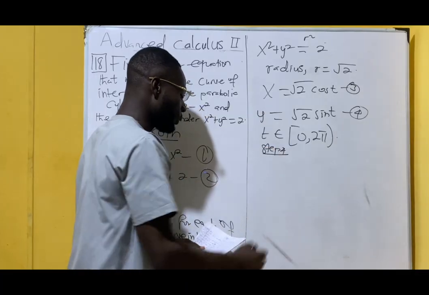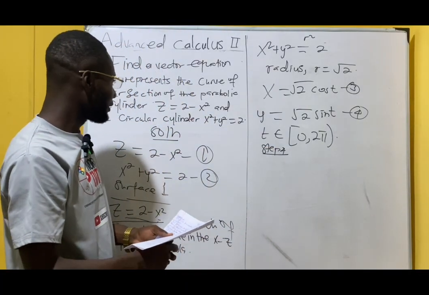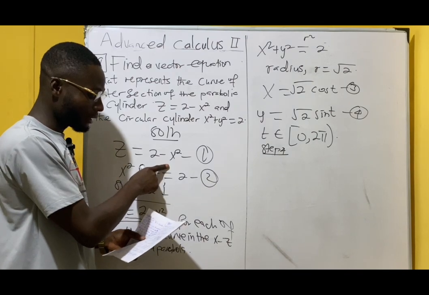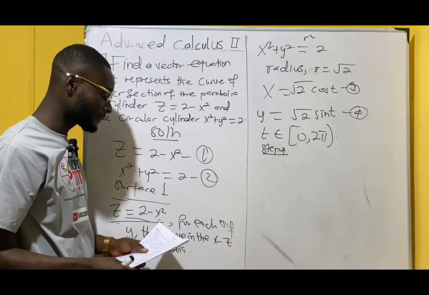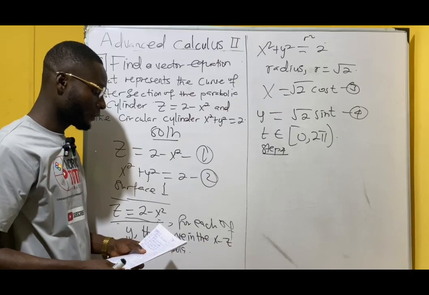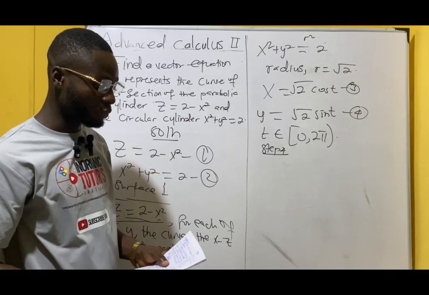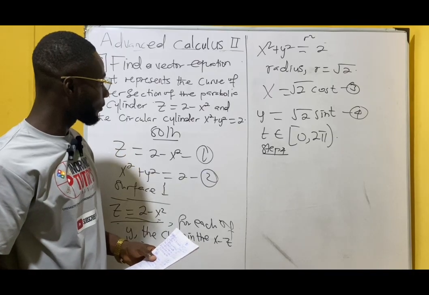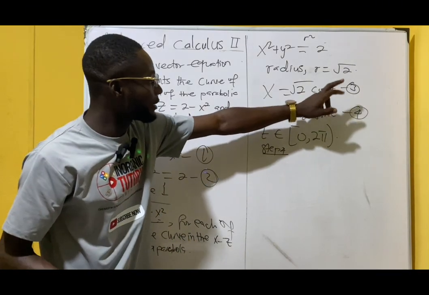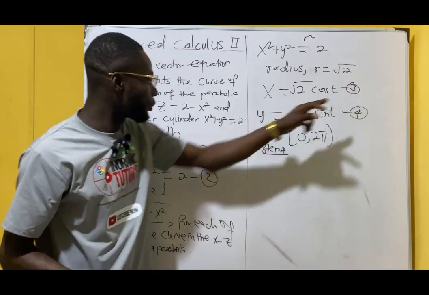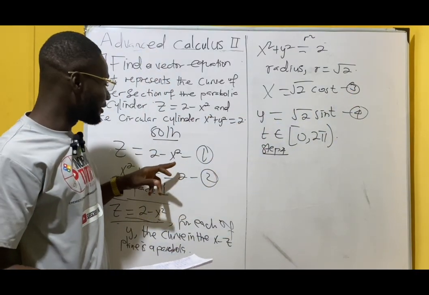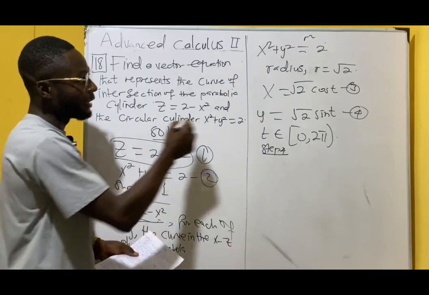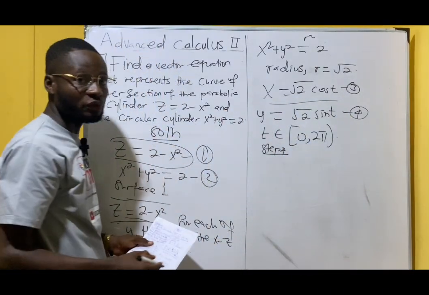So let's look at step 4. We put equation 1, where we have z equals 2 minus x squared, into the parabolic surface to get z. We have x to be square root of 2 cos t.